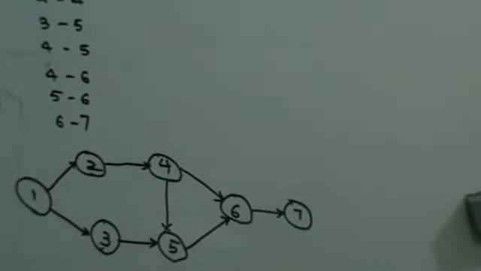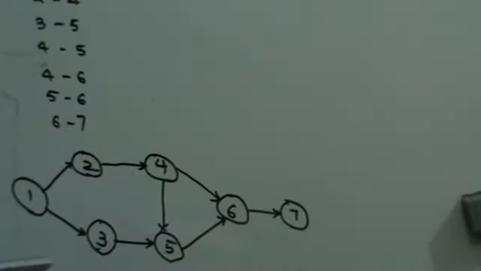From 4 you also go to 6. From 5 you go to 6. From 6 you go to 7. Your diagram, right? So very simple, straightforward diagram you have.